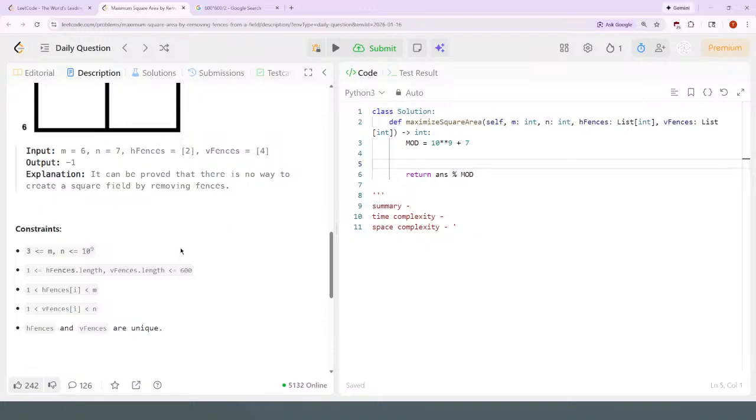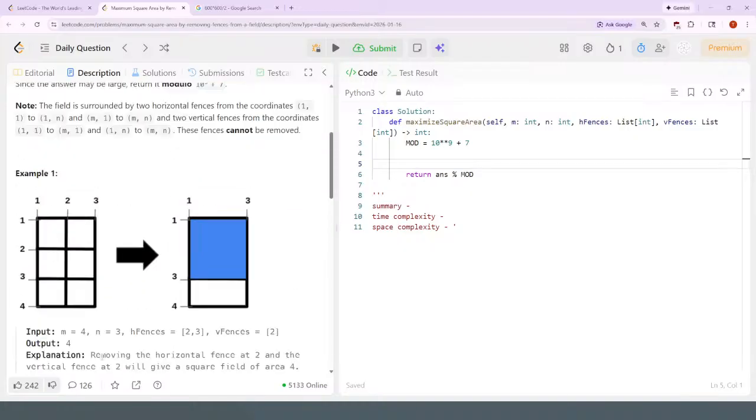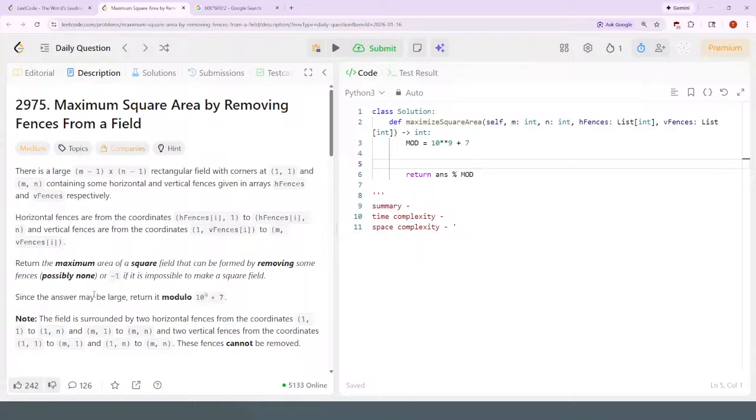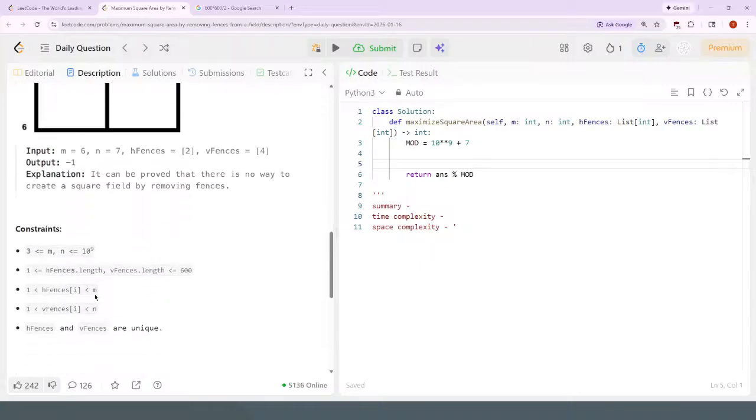That is a lot. hFences and vFences are unique. I'm not sure what that means. 600 some combination.